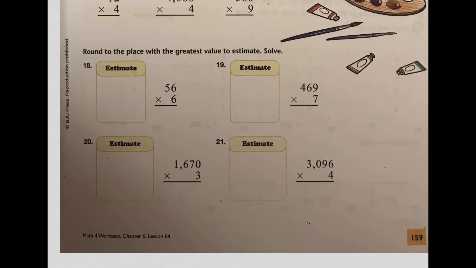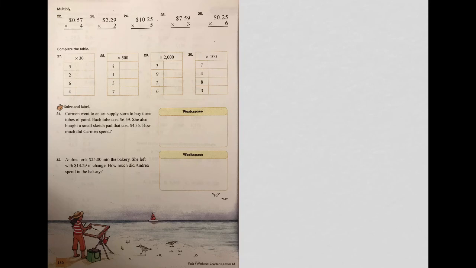All right, let's look at the other side. More multiplying, 22 through 26. It is money, so you have to have the dollar sign in your answer. You also have to have the decimal point in the right place in your answer. Okay.